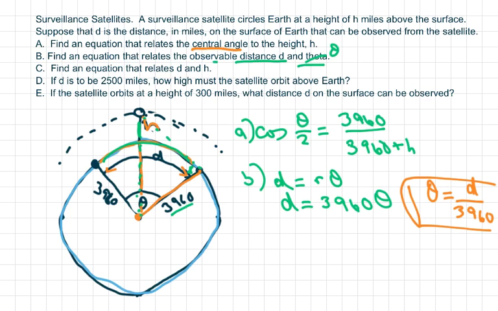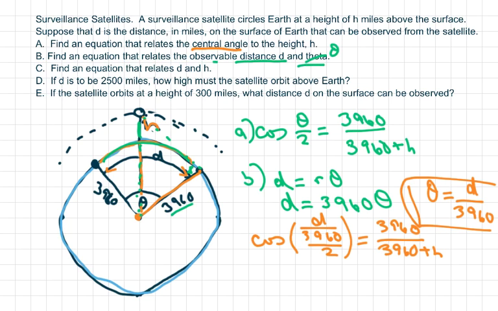All right? Now for C, we have to relate D and H. So basically, I'm just substituting. My theta is D over 3960. So I'm going to write that in here. Cosine of theta, which is now D over 3960 divided by 2 equals 3960 over 3960 plus h.